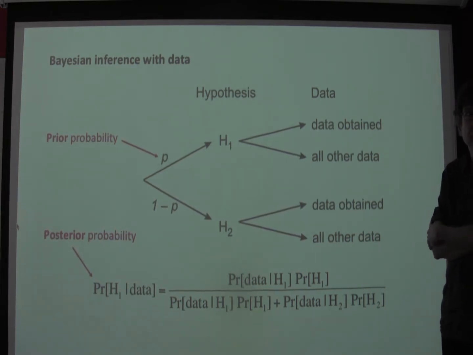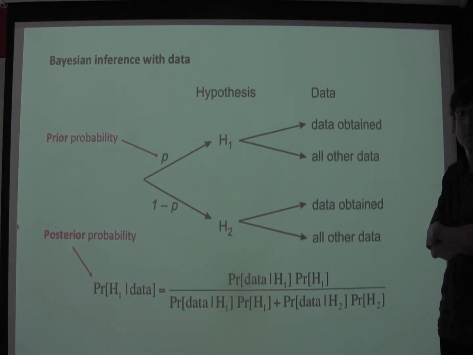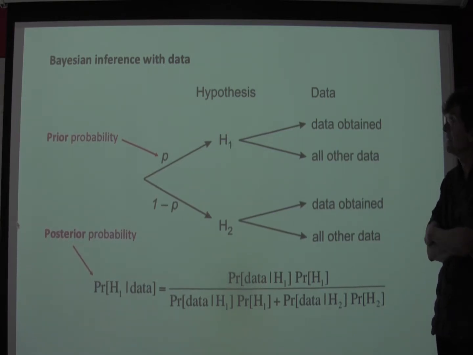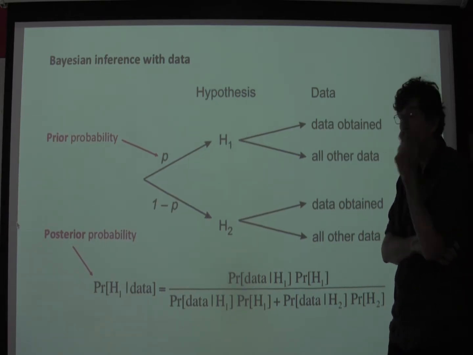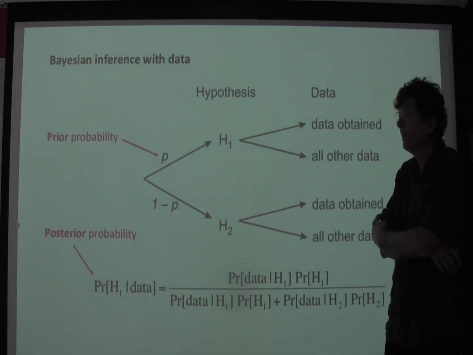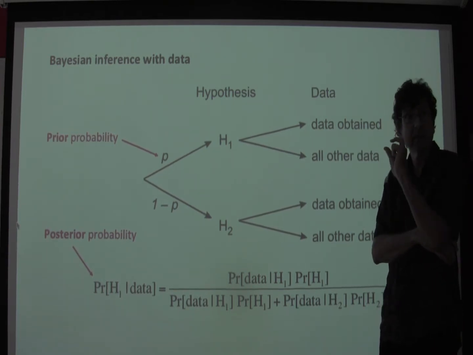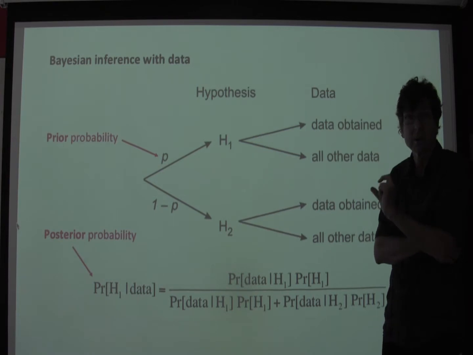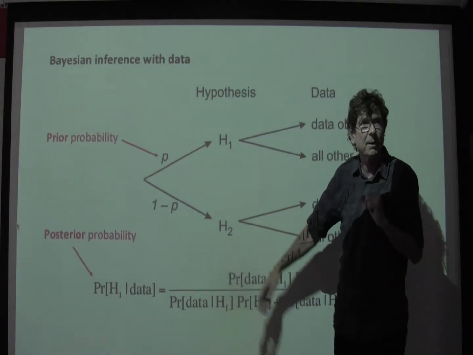So Bayesian inference can then be used with data. One simple way is through hypothesis testing. In the workshop last week we had a couple of hypotheses about the slope predicted by theory, the exponent of a power function. It's 3/4, it's 2/3. We can represent these as hypothesis 1 and hypothesis 2.